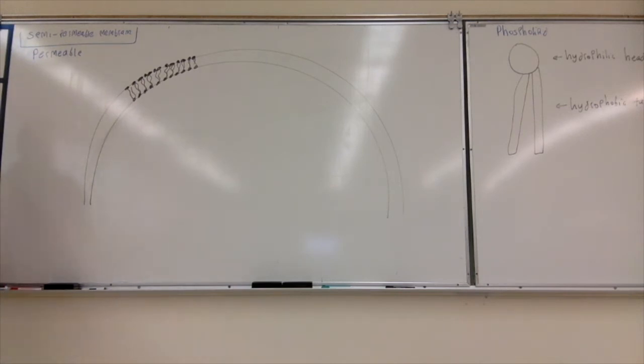And the first thing is going to be gases. Gases can freely pass through the cell membrane. Other than that, we can have things called small nonpolar molecules. These are very small molecules that are nonpolar.